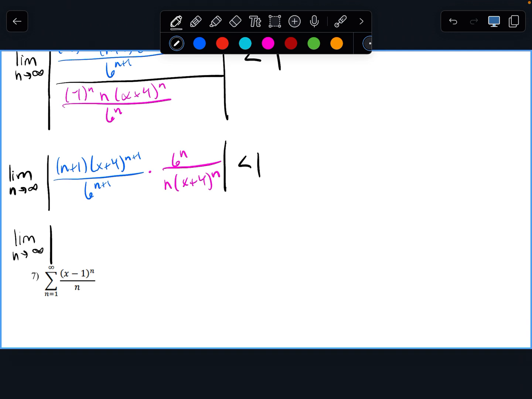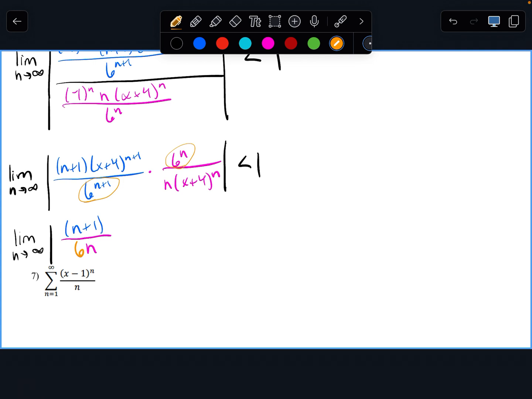Maybe I'll do the n stuff together. So what do we have here? The n plus 1 and n can't do anything, right? No, that's sad, that's okay. If I'm just focusing on the n stuff, that's what I'm working on right now. Then if I look at the 6's, I've got an extra 6 on the denominator.